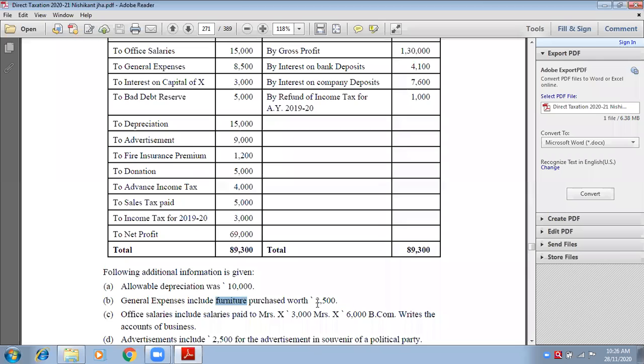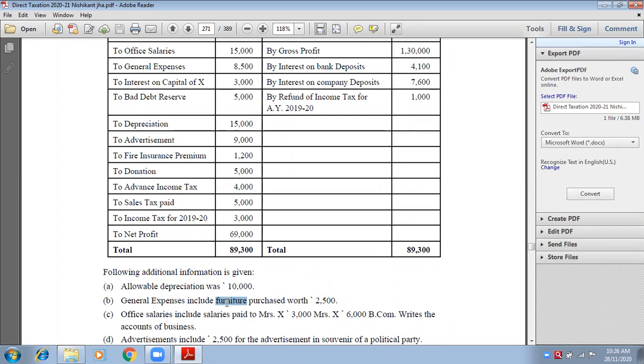If you tell me that furniture is for office, then too it cannot be shown in the P&L because furniture is my fixed asset, and assets are shown in the balance sheet, not in the P&L. So general expenses include furniture purchase 2,500, which is capital expenditure. It is an asset, it is not my expense. Ultimately this furniture has to be shown on the asset side of the balance sheet.